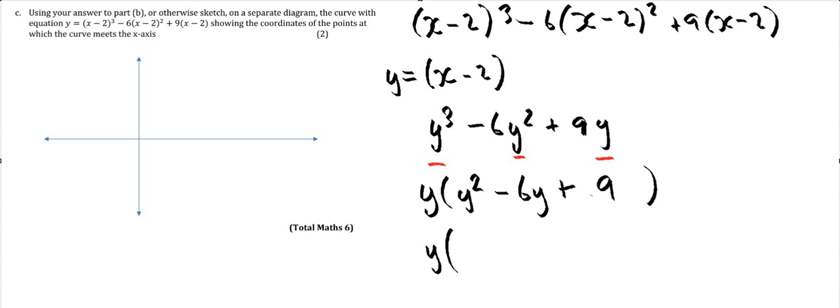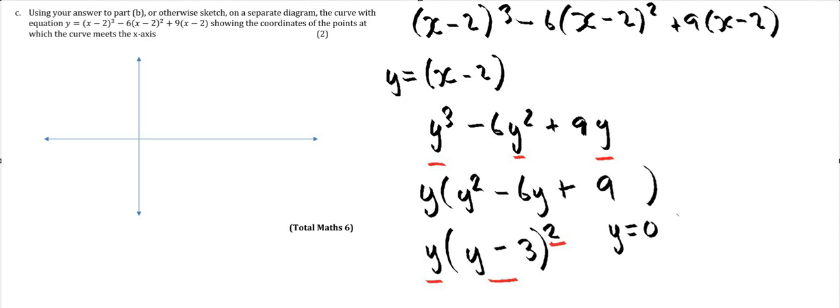So now I need to factorize this quadratic. Well, again, it's 6 and 9, so if I put (y minus 3) squared, that gives me one root from here and 2 roots from here. Now all I've got to do is get back in terms of x. I've got the y outside, so y equals 0.